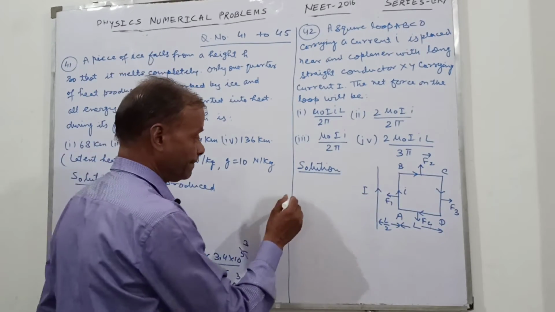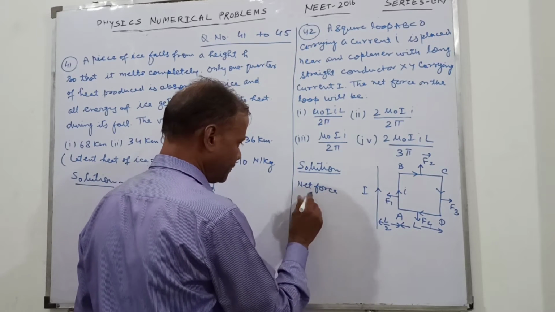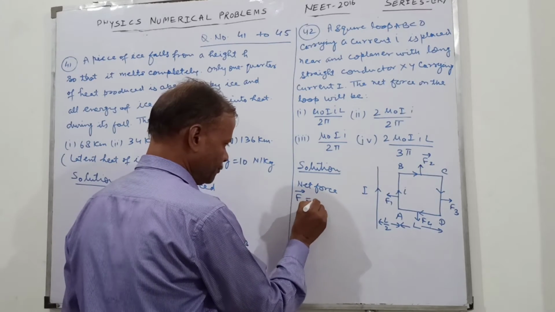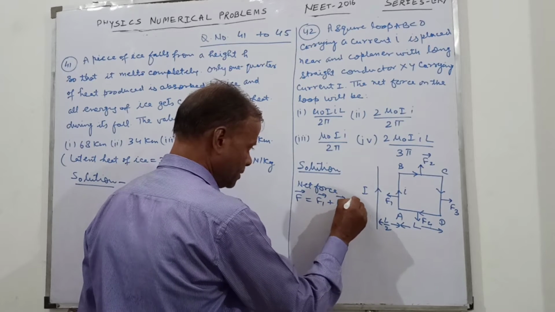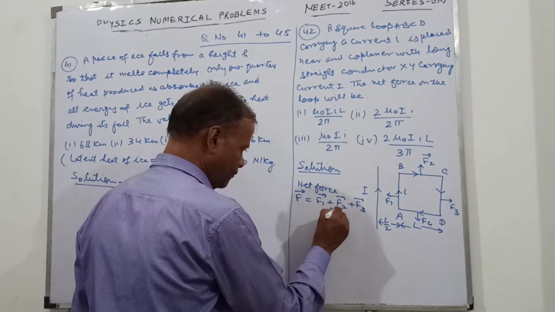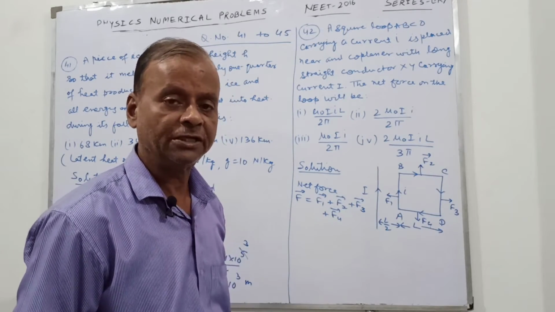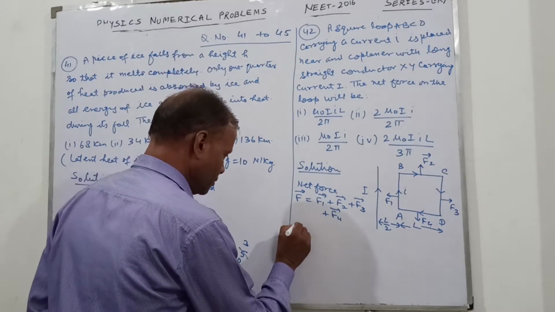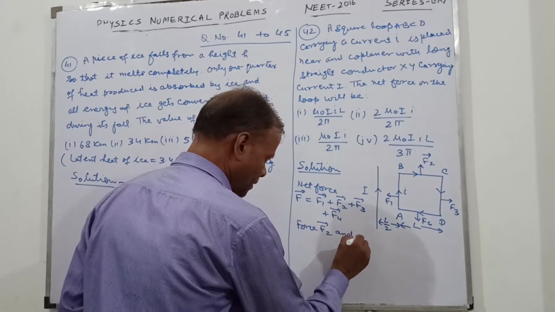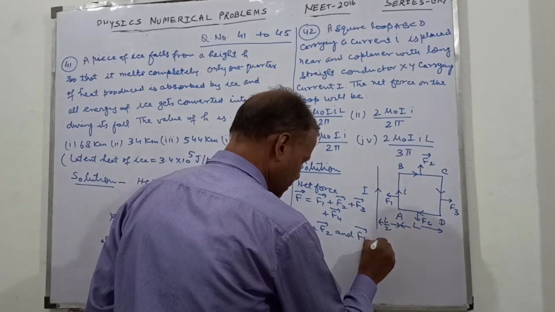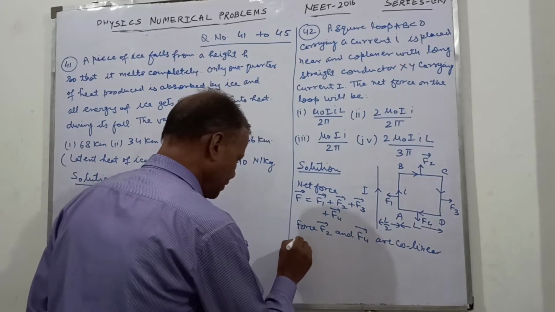So the net force F is equal to F1 plus F2 plus F3 plus F4. The forces F2 and F4 are collinear forces.